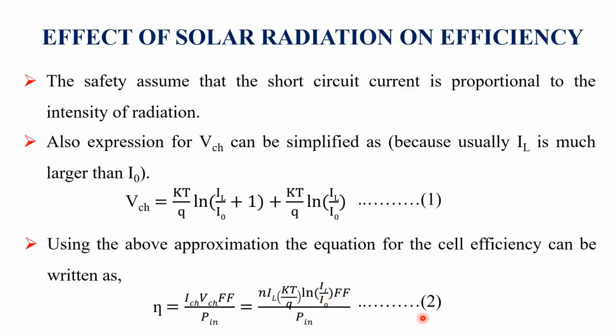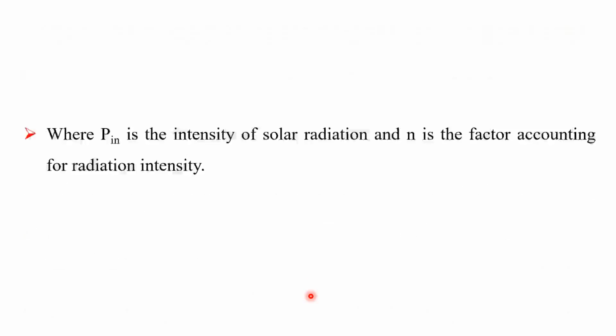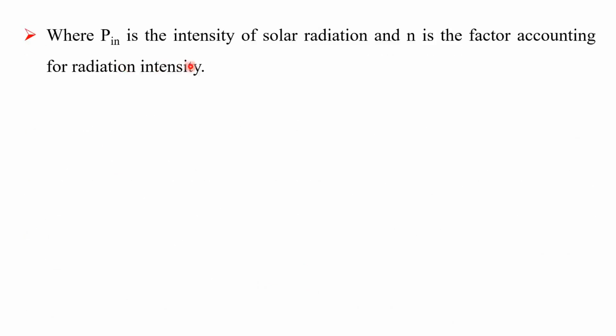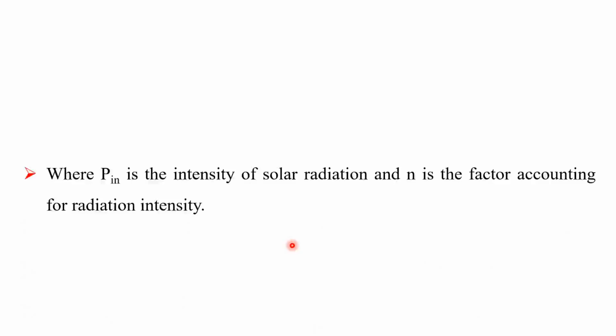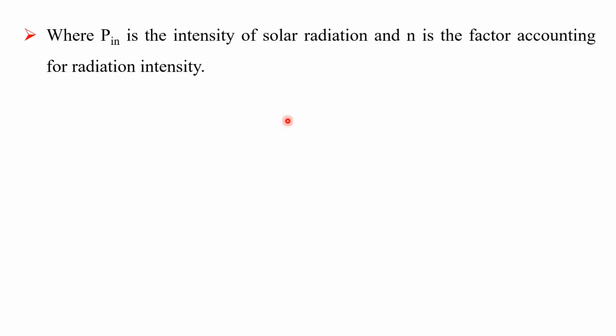That is equation number 2, where Pin is the intensity of solar radiation and the factor IL accounts for radiation intensity.